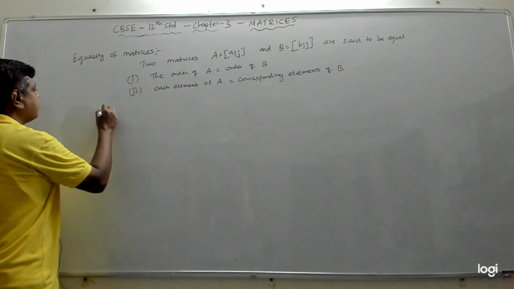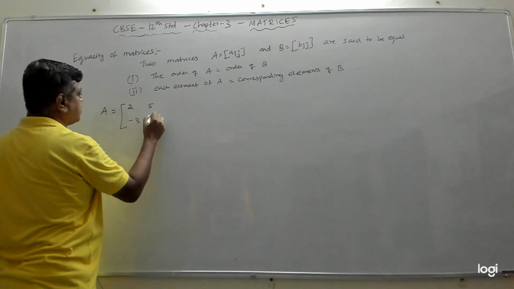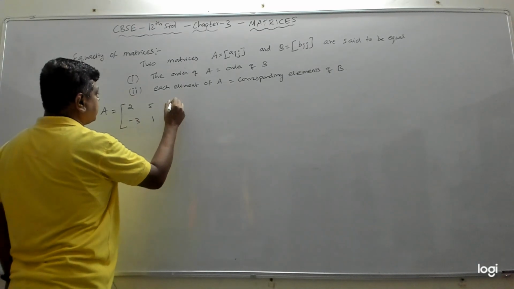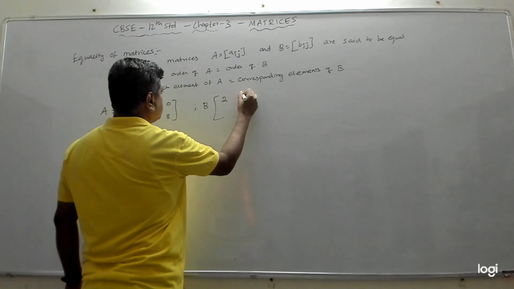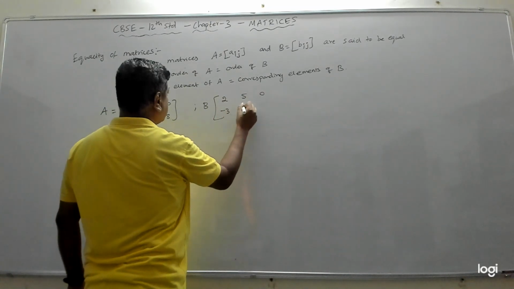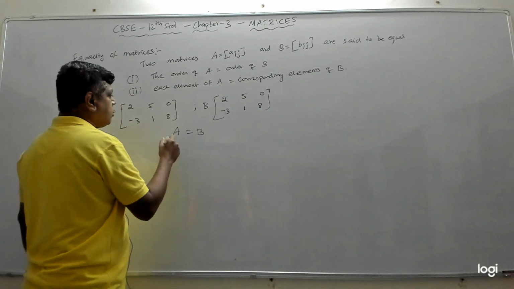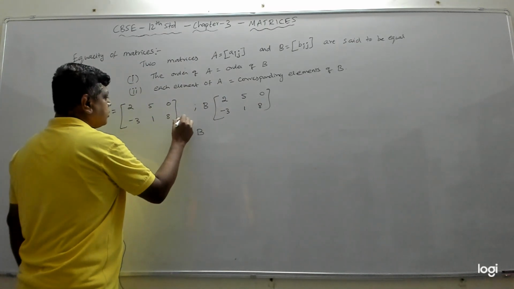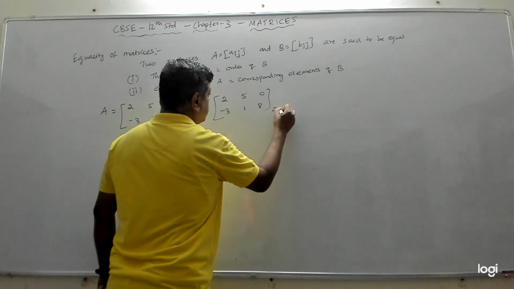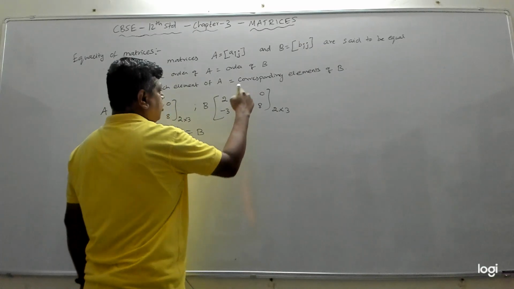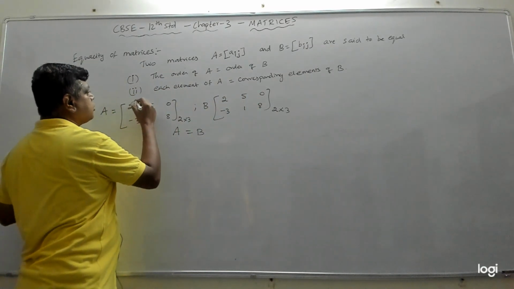Suppose, for example, A is 2, 5, 0, minus 3, 1, 8, and B is also 2, 5, 0, minus 3, 1, 8. Then matrix A is equal to matrix B because the order of A is 2 cross 3, and B is also 2 cross 3, since it has 2 rows and 3 columns. And each element of A is equal to the corresponding element of B. A11 is 2, and here it is also 2.